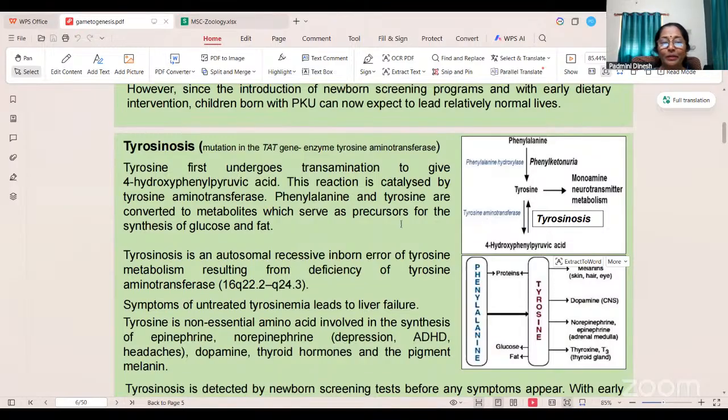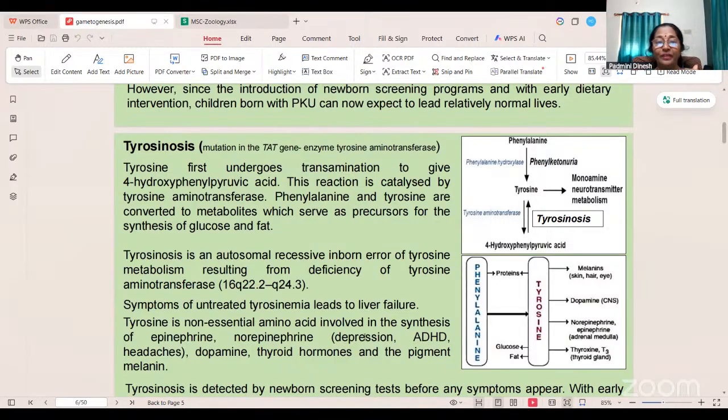Now, symptoms of untreated tyrosinosis include liver failure, right? Because an excess of tyrosine accumulates over there. And tyrosine, which is a non-essential amino acid, is involved in the synthesis of epinephrine and norepinephrine. These are the hormones, the neurotransmitters, which keep you healthy. Otherwise, what will happen if there is a lesser amount of these neurotransmitters?